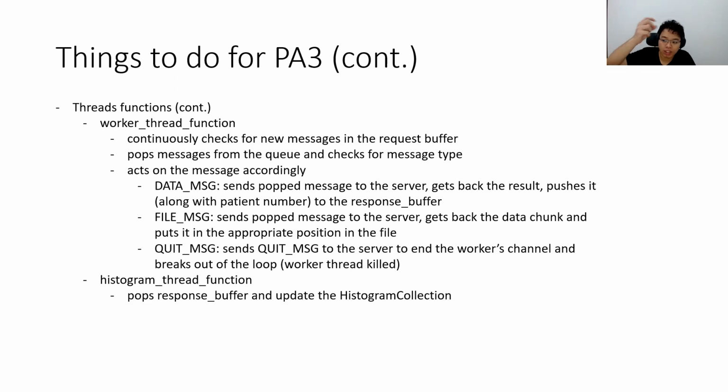So by making a struct called patient data, you have a struct that only contains two values, a patient number and the data associated with it, so an integer and a double. That should be simple.